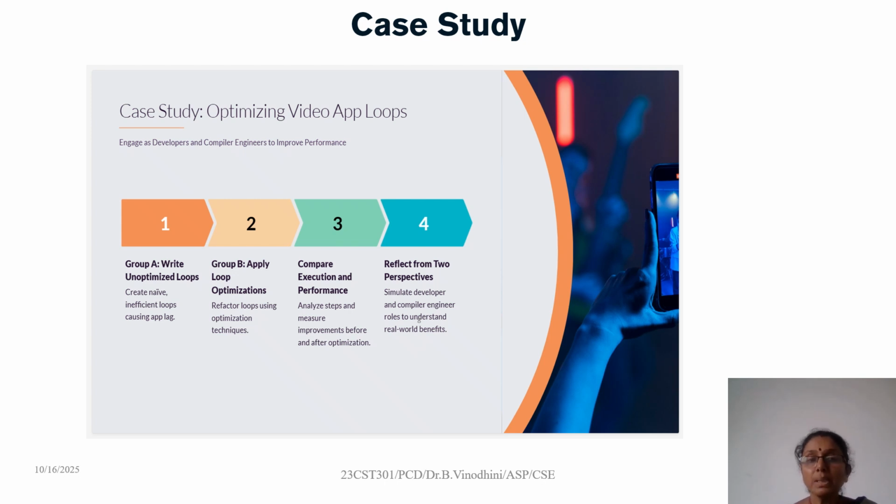Now, the simple case study: we are applying this to two groups in a company. One is the developer group, and the other is the compiler engineer group, for optimizing video loops. In that scenario, they are divided into two groups.